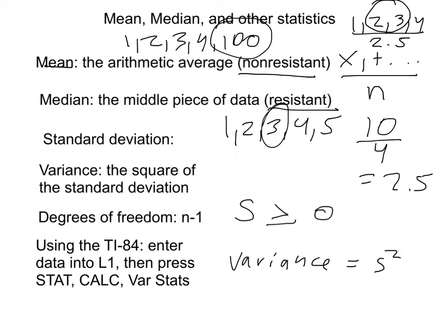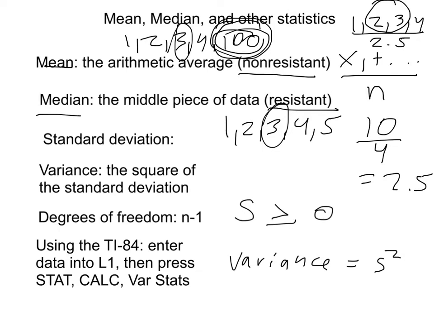But if we're calculating the median, we look at what's our middle number. Our middle number is 3. So the median stays the same, even though we have this huge number at the end of the data, which is obviously an outlier. The median is resistant.